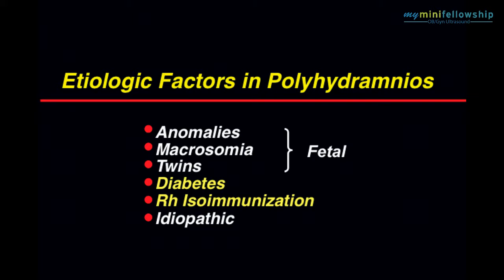Anomalies, macrosomia, and twins are the fetal causes, and diabetes and Rh isoimmunization are the maternal causes. Now, these are really the purview of the obstetrician. These are the purview of the sonologist.